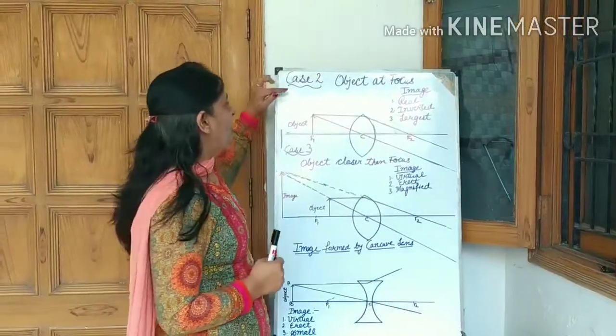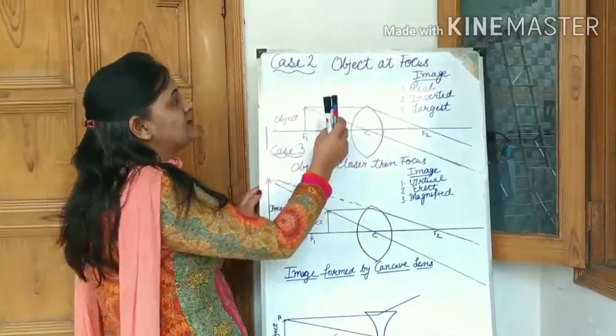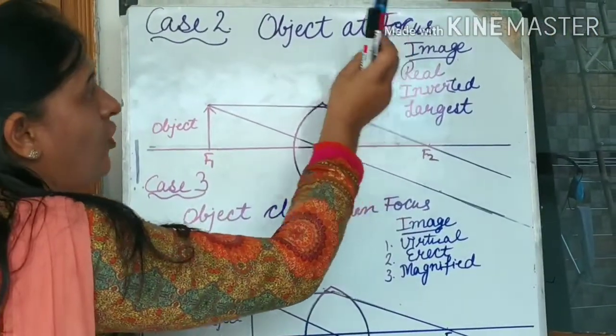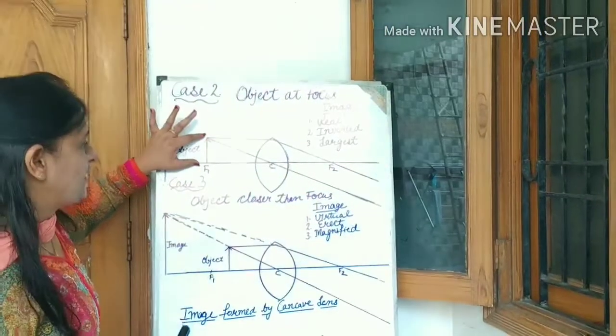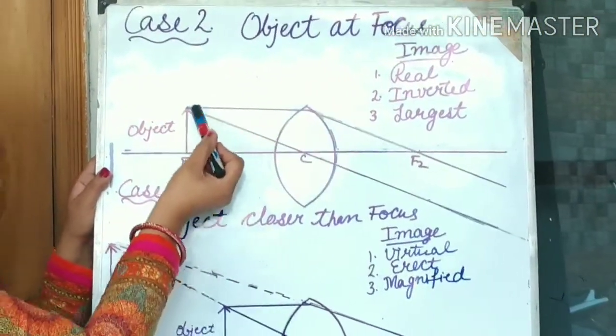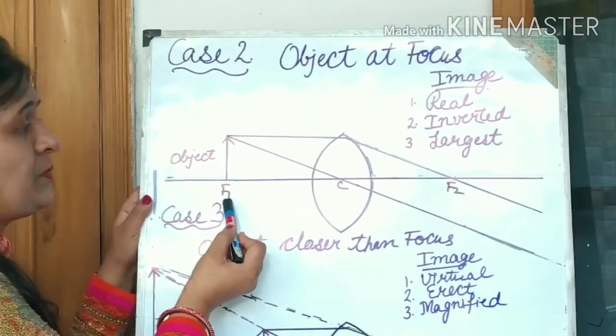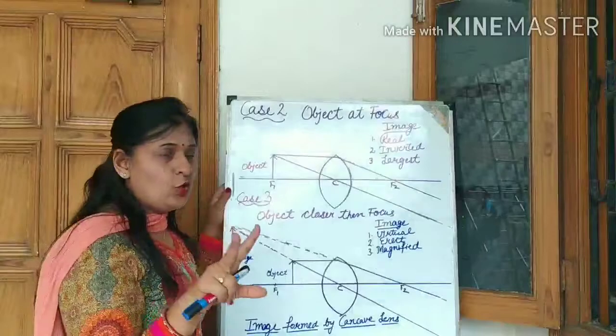Now we will take case 2. What happens in case 2? Here we are considering the object is at focus. Here this is the object. Now we have kept the object at focus. Where is the object now? At the focus. It is kept at the focus. Again we have to take two rays.